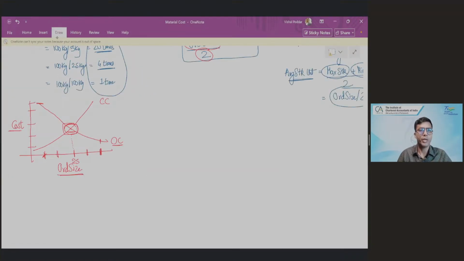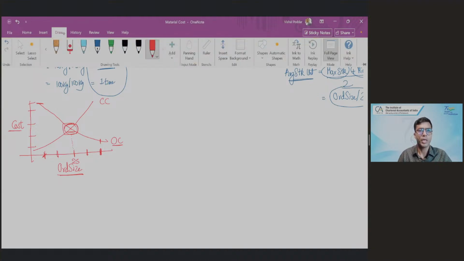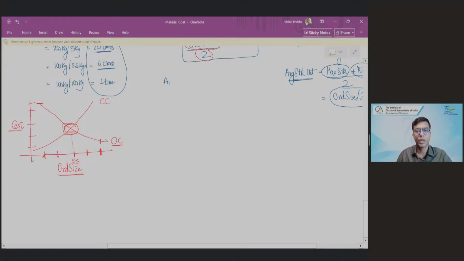Intersection in graphical terms, in mathematical terms, is, pay attention, annual ordering cost is equal to annual carrying cost. So when I say intersection in graphical terms, in mathematical terms, it means at this point, both costs are mathematically the same. This is how the formula is derived.